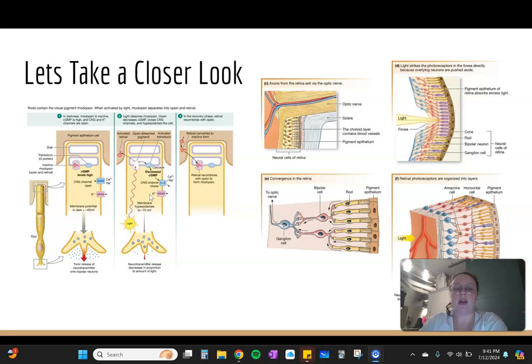So we have a hyperpolarization, which causes our neurotransmitter, glutamate, to no longer release, or if it does, it's in very small amounts. So then this creates our action potential, and our action potential is then followed down through the bipolar cell, the ganglion cell, into our optic nerve.